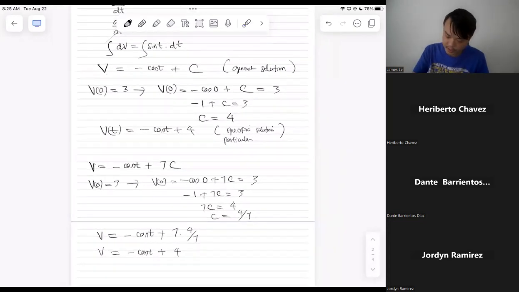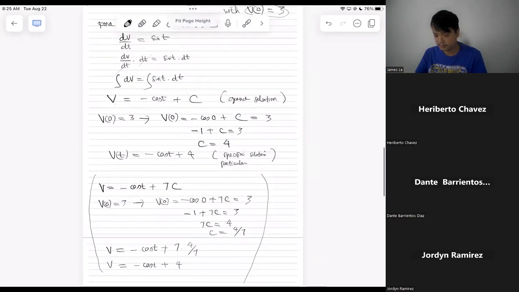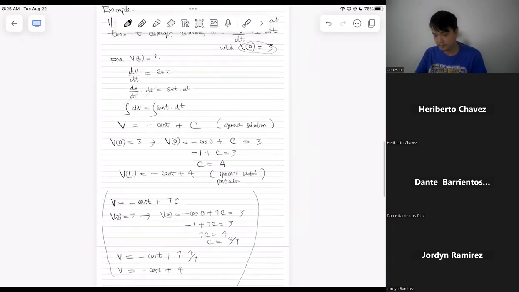I just try to explain this for the next problems, maybe some complicated problems, where you need to simplify the constant by a new constant. Okay, any question for example one?